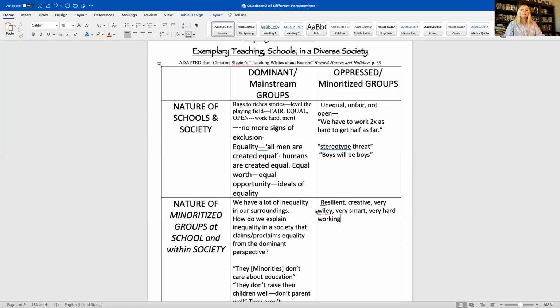So you have a lot of these groups who, under very harsh conditions, nevertheless produce all this art, all this literature, and build things, make things. So they see from this perspective here, they're very resilient, very creative, very wily, despite all of this oppression.